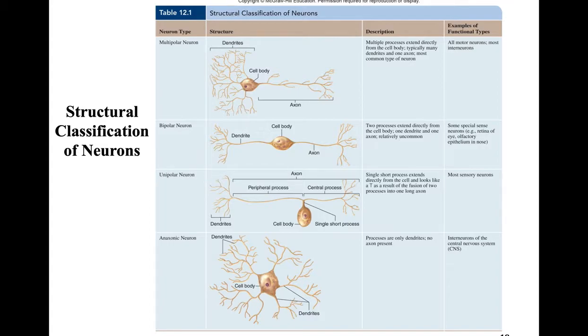You should know for the test what they look like. The page number is page 443. Now again, regardless of what it looks like, the action potential always goes from dendrite to the synaptic end bulb. So action potentials are always unidirectional.